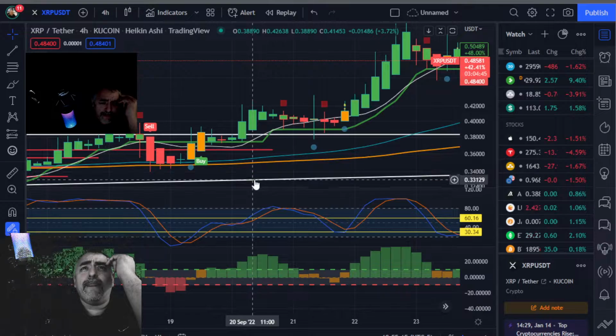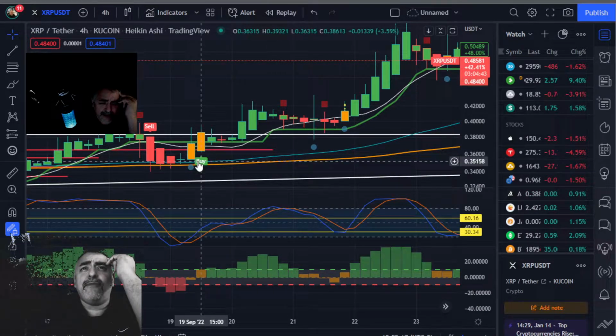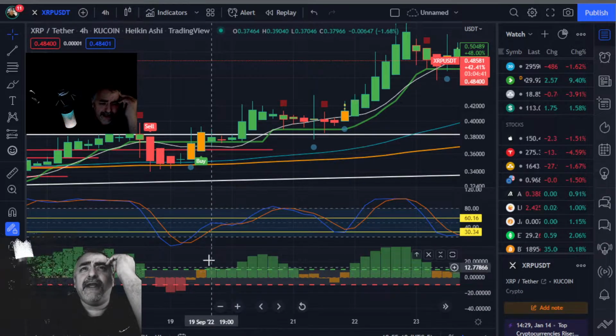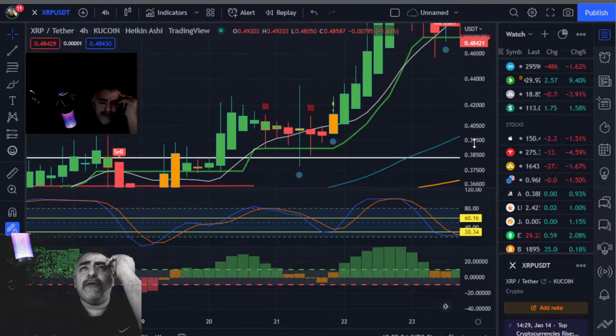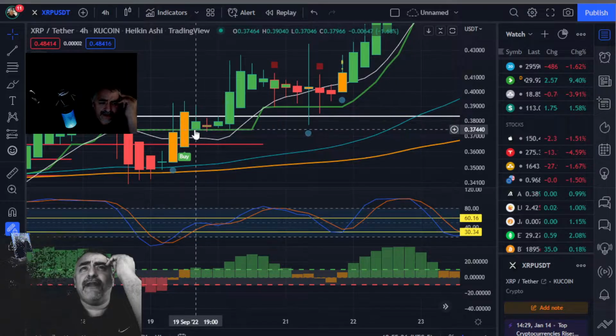So we have a buy signal pop up here. We turn green, and we have a green, very importantly, we have a green trend line.